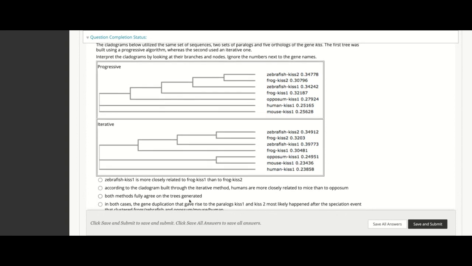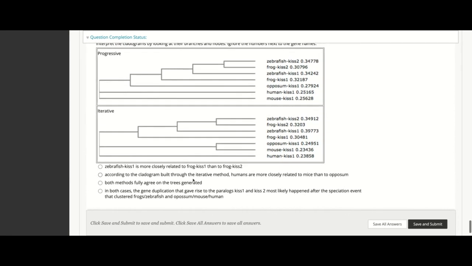Both methods fully agree on the trees generated. You know it's not true because in this case, these two are more closely related. And then in here, the opossum is more closely related to all these other ones than to mice. So they don't agree. And by exclusion, you can say that, okay, this is the one that is true.